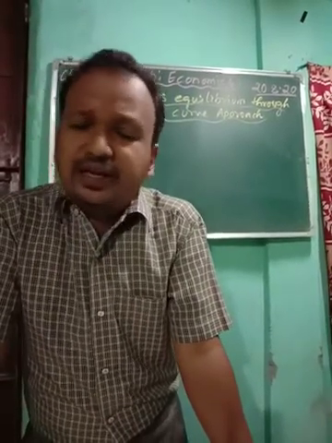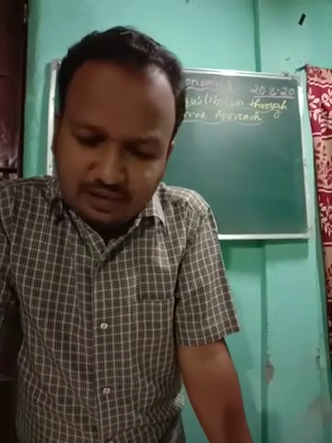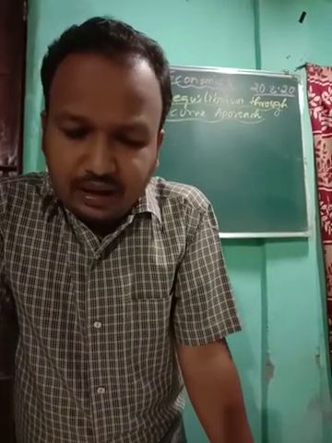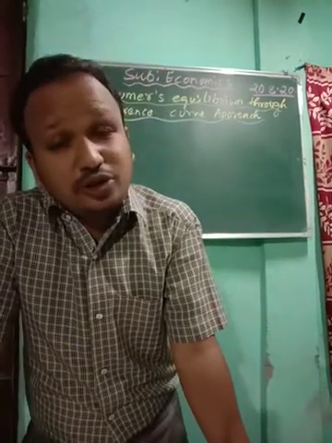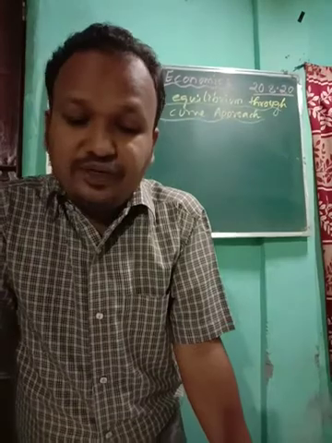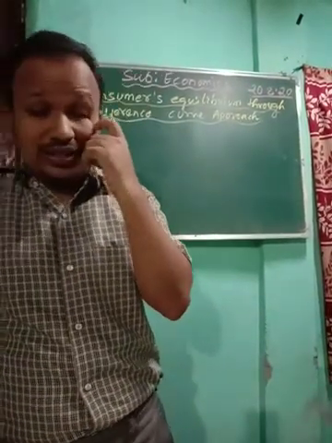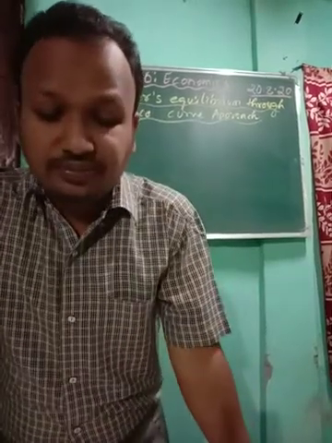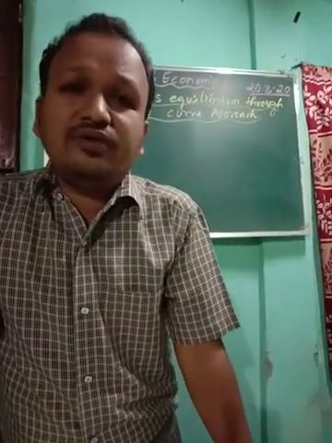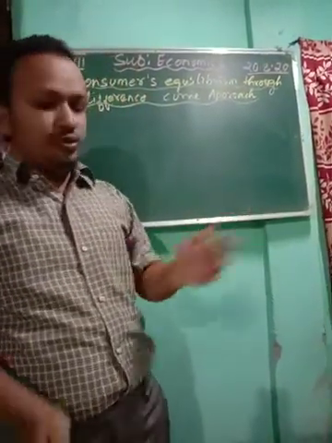The indifference curve should be convex to the origin, which we have already discussed in the properties of indifference curves. The marginal rate of substitution of X and Y is necessary but not sufficient for equilibrium. So what is the sufficient condition for equilibrium? That we are going to see.